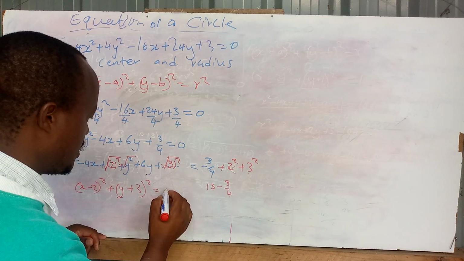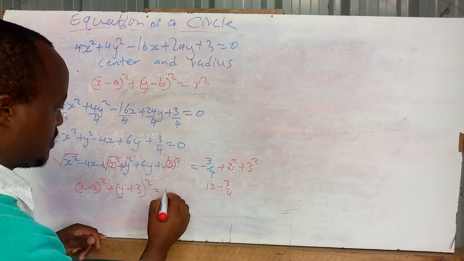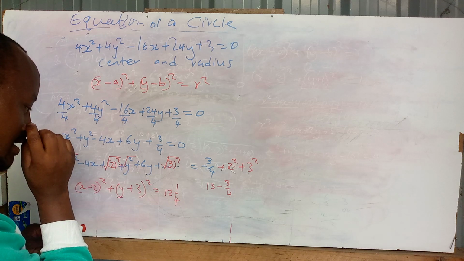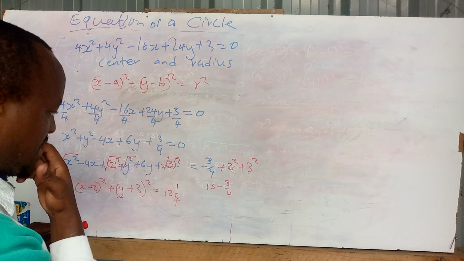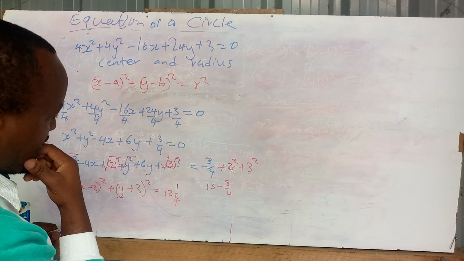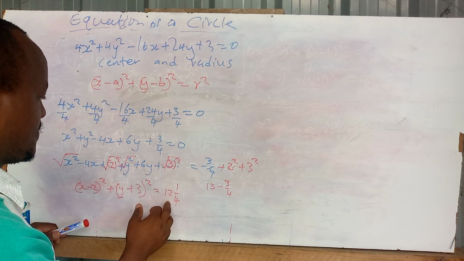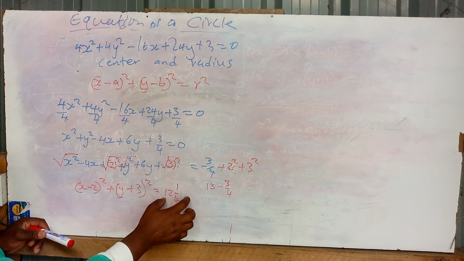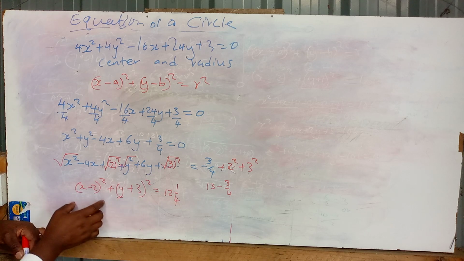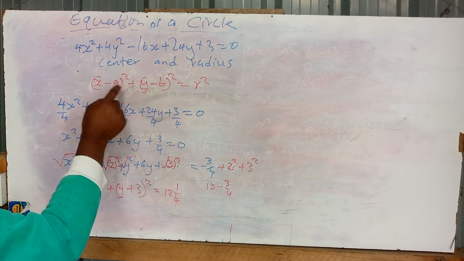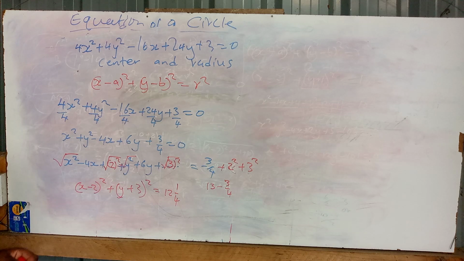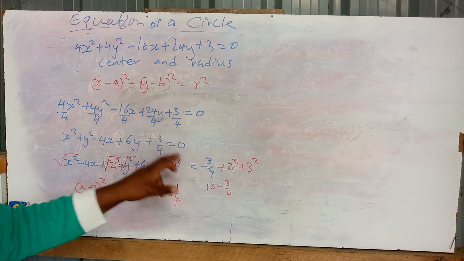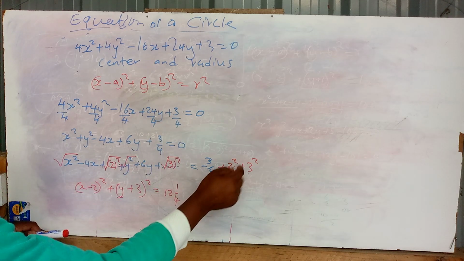We are getting 12 and 1 over 4. Now, having gone up to that point, remember this is r squared. Everything now here we can see a and b.